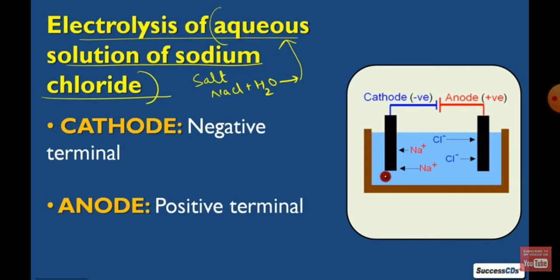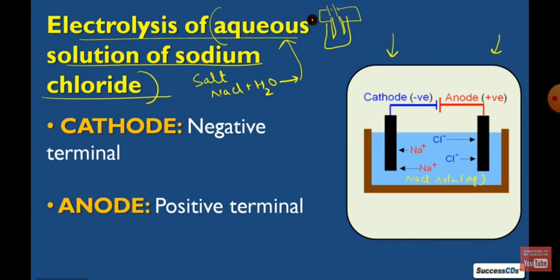So here you can see that we have taken the solution of sodium chloride and we have dipped the two electrodes here. When the current passes through it, the solution will dissociate into Na positive and Cl negative, and the Na positive ions will go to the cathode and Cl negative ions will go to the anode, okay.